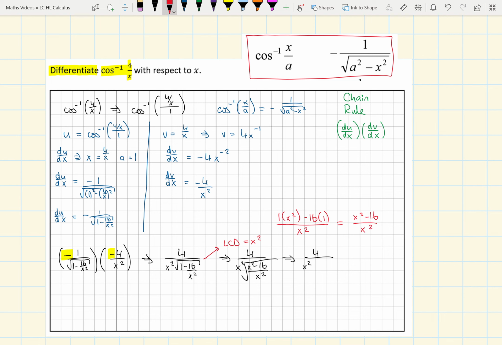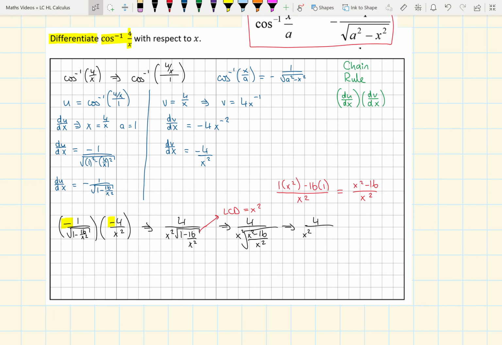So that's how I've gone from that step there to my next step. And then it's all underneath the root. So this line here will give me x squared minus 16 over, and I apply my root here. Just tidying up as much as I can. Apply our root and we get x.